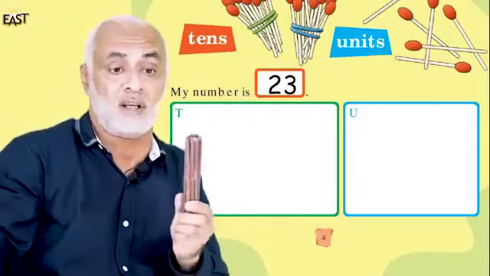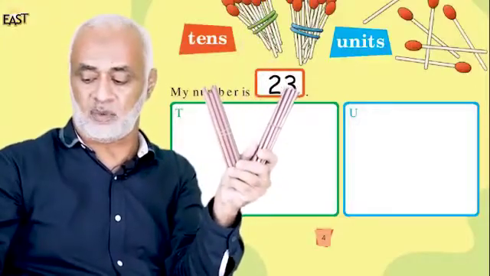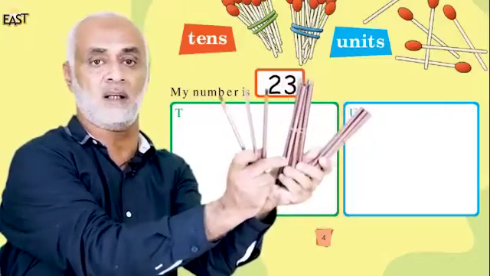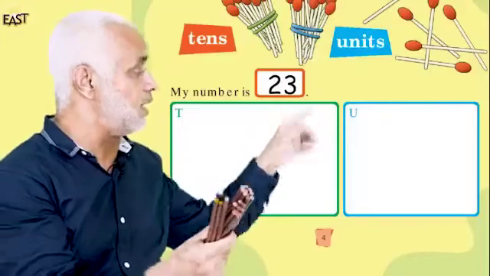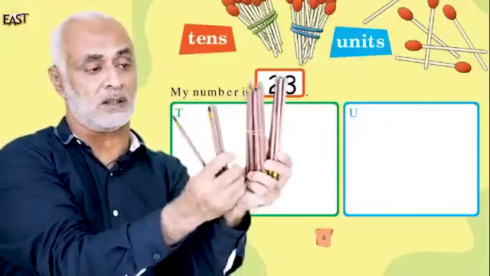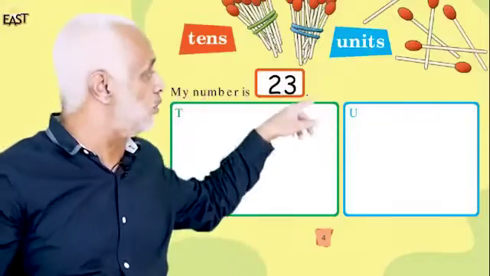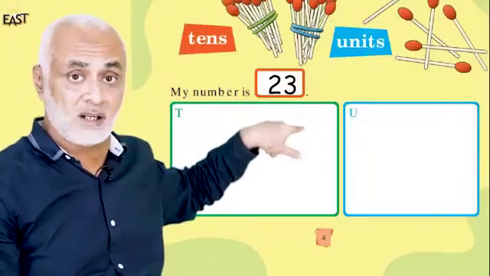Or maybe 23. 1 ten, 2 tens and 3. 23. So you wrote 23 here, then you collected 2 tens and 3, and then you rub 15 and write 23.